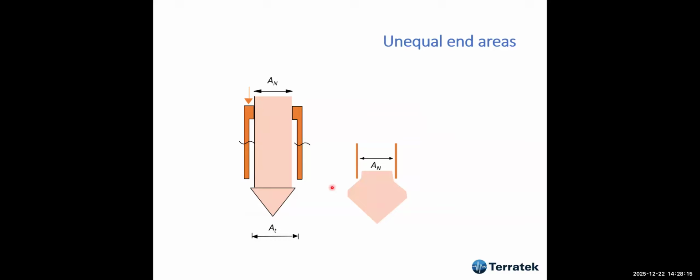And one of the things that Professor Campanella did very well was to find out about the problem of unequal end areas. And the reason is it's impossible to have this diameter at the tip equal to this diameter of the rod. And why? Because you have this tip here, the little lateral tip.